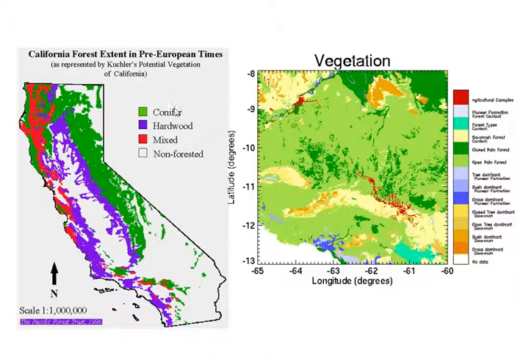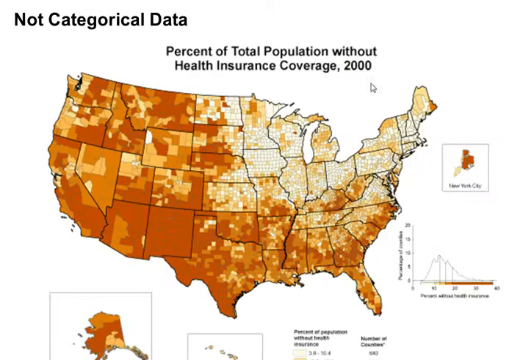Again, no way I could add up conifer and hardwood as it is here and get any information just from these fields. This is not categorical, right? I can see data related to the percent of the population that has health coverage. So a whole different type of mapping. And you can see that the colors are different. Here I've got that classic choropleth map with one color range.